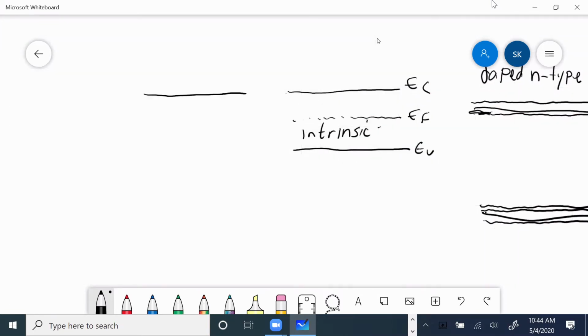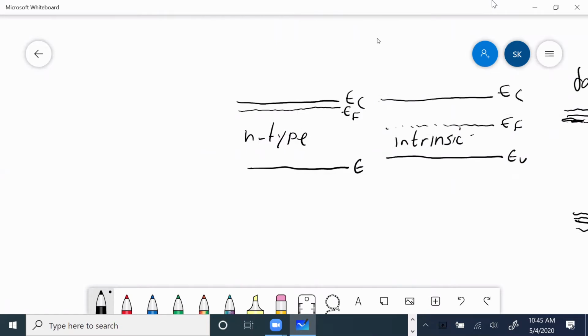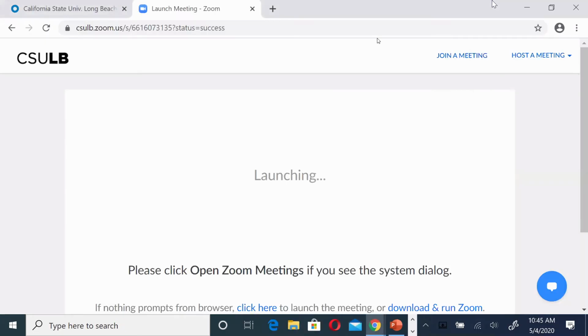This is going to be EC, EV, EF, N-type, and EC, EV, EF, P-type.